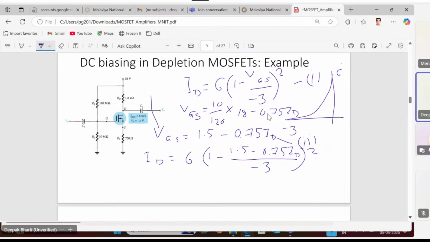So if you open this square and rearrange, this will become a quadratic equation. So we have to find out the roots. So I'm writing down this equation, like I have solved this in advance. I hope this basic calculation can be done by everyone. So let me write its roots.